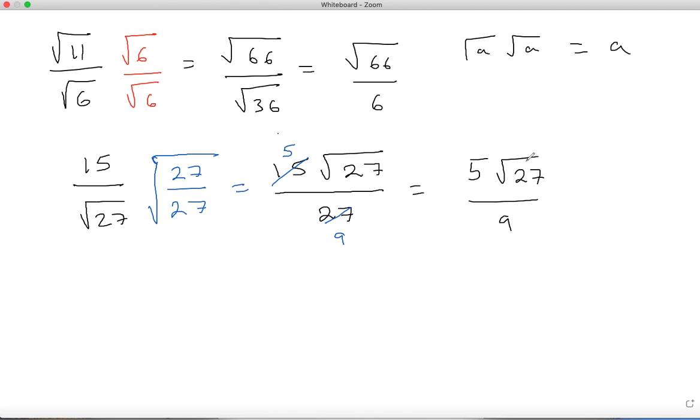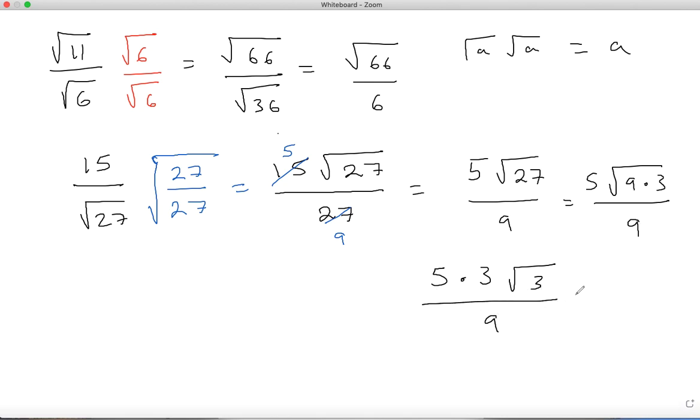But we're not quite done yet because square root 27 simplifies. So that would be 5 times the square root of 9 times 3 over 9. Like we did back in the early questions on the homework, I'm thinking of that 27 as a 9 times 3. 5 times square root of 9 would bring out a 3 times root 3 left inside, and that's over 9.